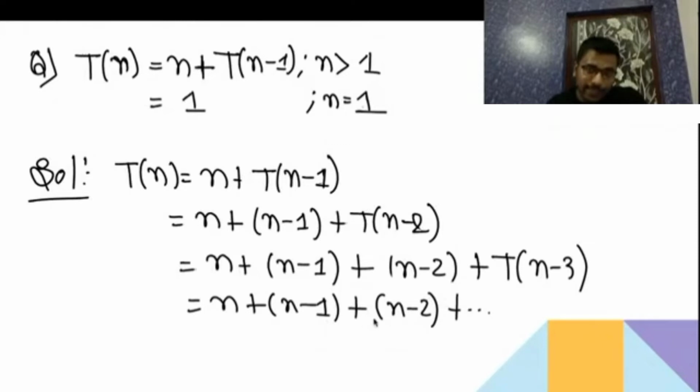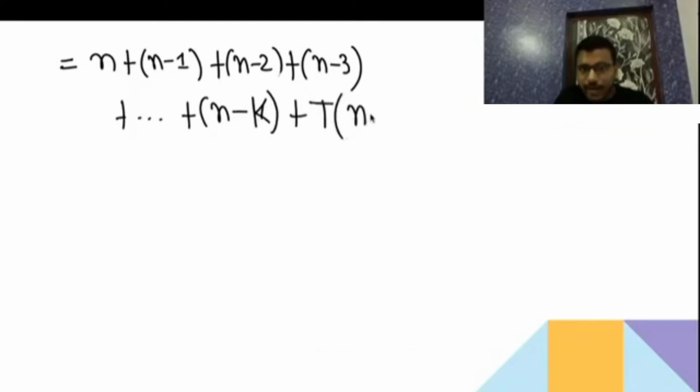Here n, then n minus 1, n minus 2, then n minus 3, then n minus 4. When it has n minus 2, here it has one more. Then it will have T(n minus 4). So similarly it will go. Correct, Abhishek, very good.